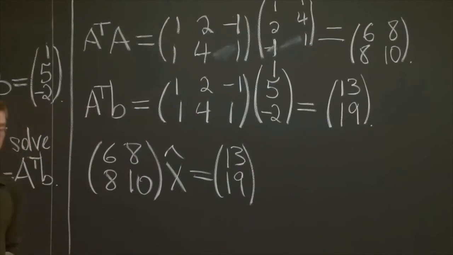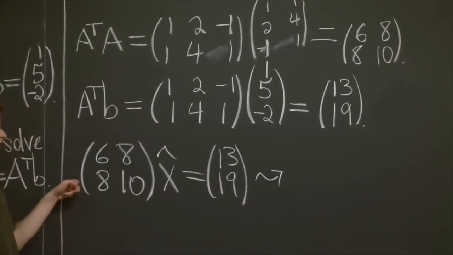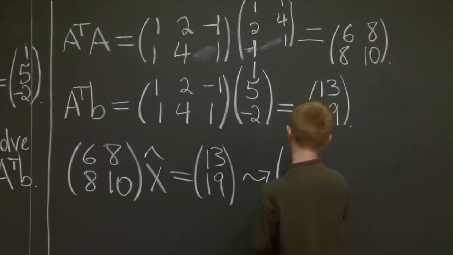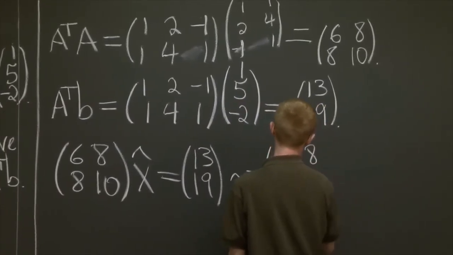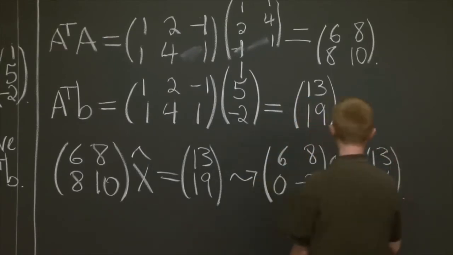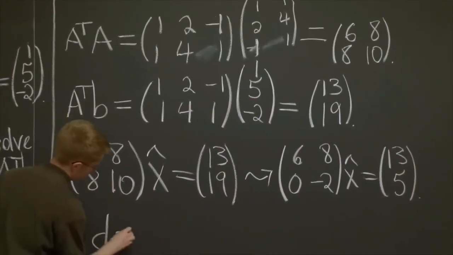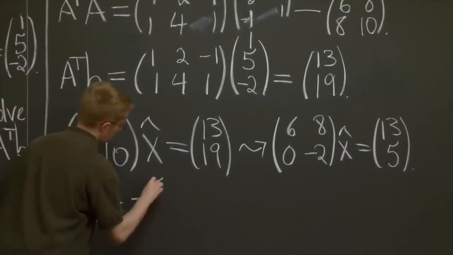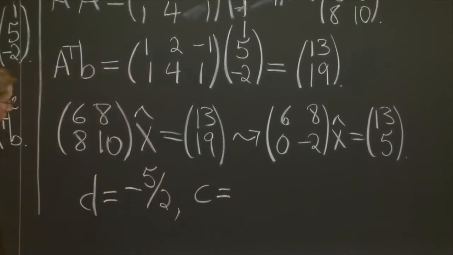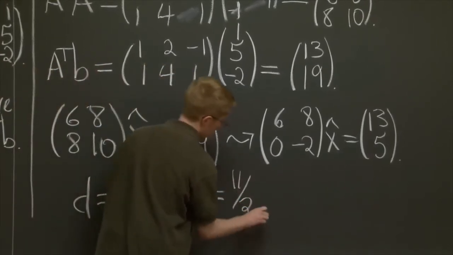And we remember how to do this just by using elimination. We replace the second row by 3 times the second row minus 4 times the first row. Again, I'm going to do this quickly because you know this from other parts of the class. You similarly change the b vector, and we back solve to get d is -5 halves, and c equals, let's plug that in, I think you're going to get 11 over 2.